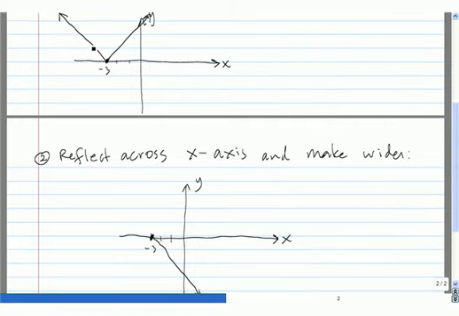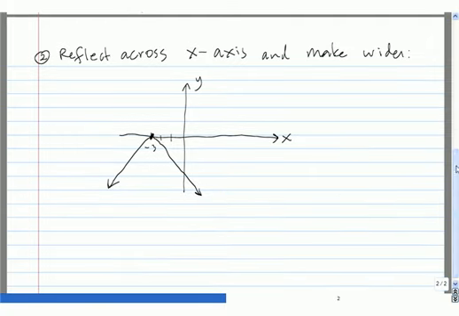And this segment right here is going to be flipped across the x-axis to go here. But we haven't made it wider yet, so we'll do that in the next step. So that's just flipped it. And now make it wider.